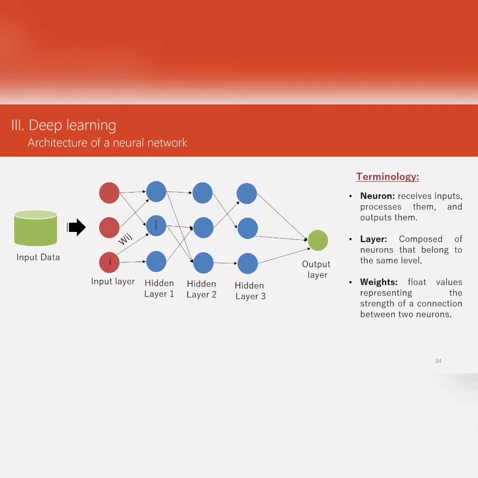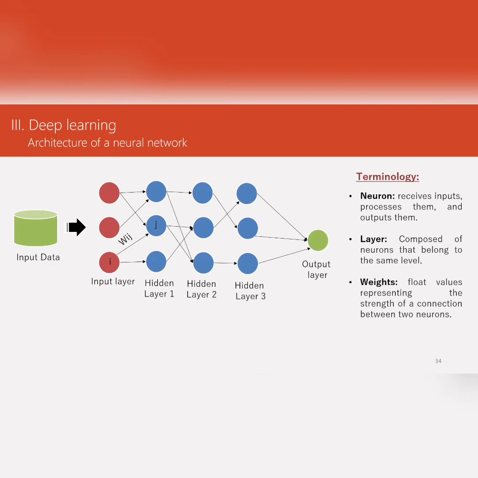Now let's talk about deep neural networks. A deep neural network is also a machine learning algorithm, which is composed of individual units called neurons, and they are organized in several layers, as you can see. When data is input to the neural network, it propagates through these neurons until it is transformed to the desired output.